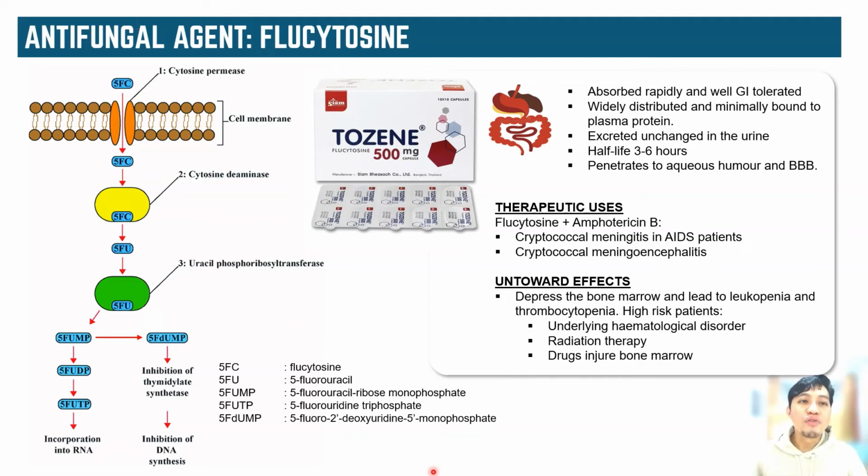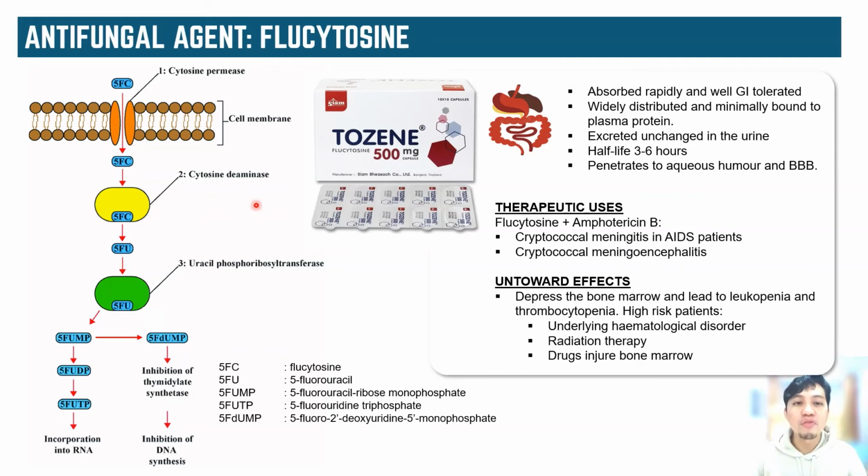This 5-FdUMP, also known as 5-fluoro-2-deoxyuridine 5-monophosphate, is a potent inhibitor of thymidylate synthetase, which causes a lack of thymine and then may impair DNA synthesis. This drug, flucytosine, has highly selective toxicity. It is because in human cells we lack the enzyme cytosine deaminase.